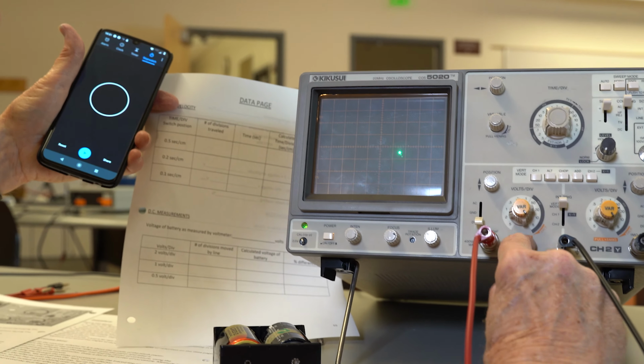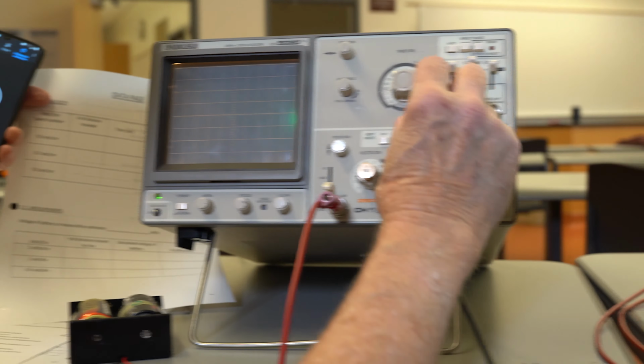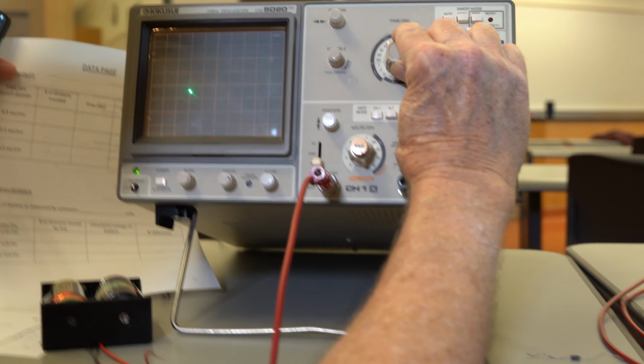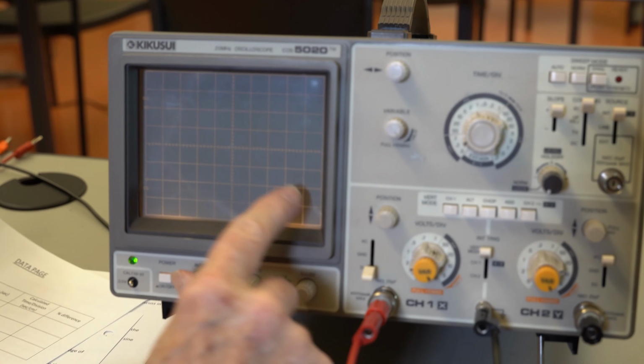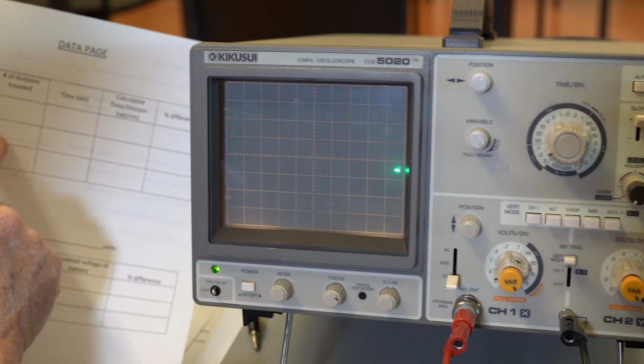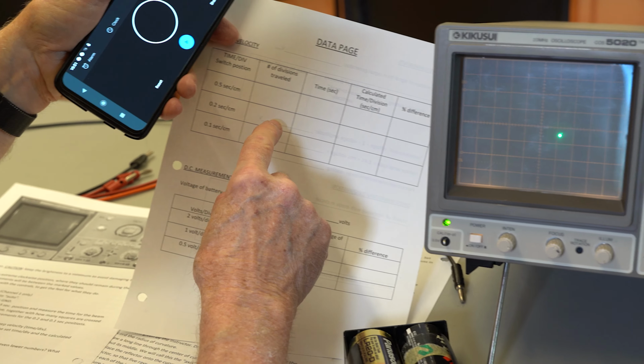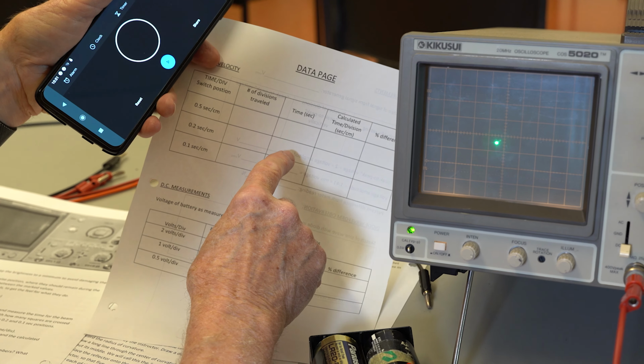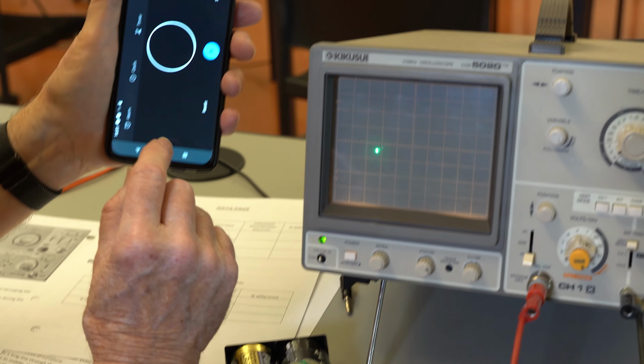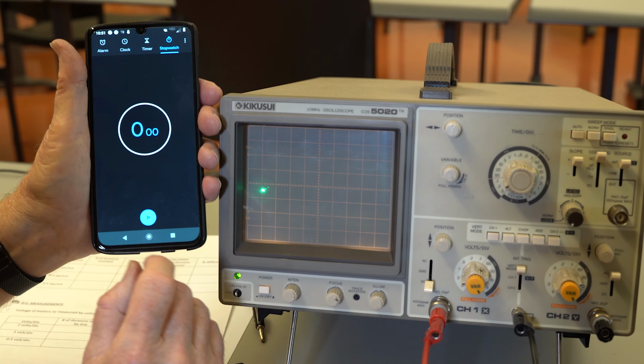If we increase the time per division to the 0.2 setting, notice it's going a little faster now. So now we can write 10 divisions traveled, and at the 0.2 seconds per centimeter, let's take how long it takes to go across those 10 divisions.